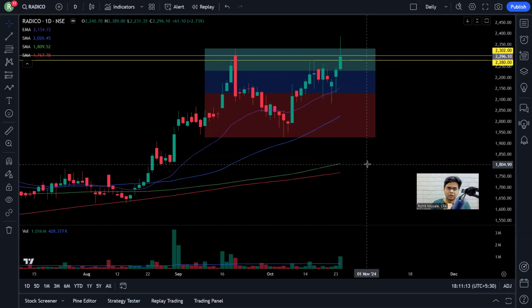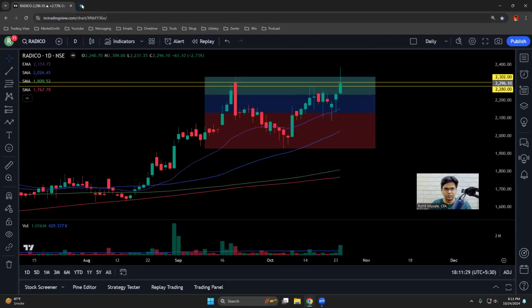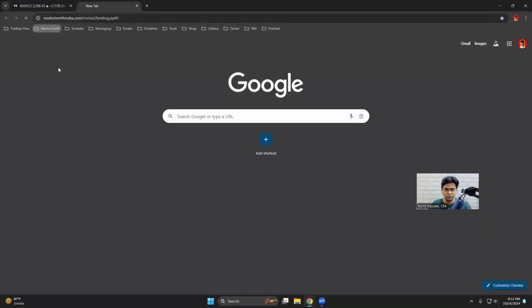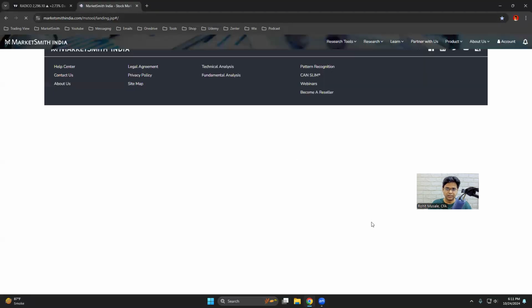Okay. Now, before we go to the 15-minute chart, I want to show you why I was micromanaging this trade on the 15-minute chart. For that, you need to understand what I saw on MarketSmith before I came to TradingView. So let's go to MarketSmith so that I will give you some context regarding this stock.